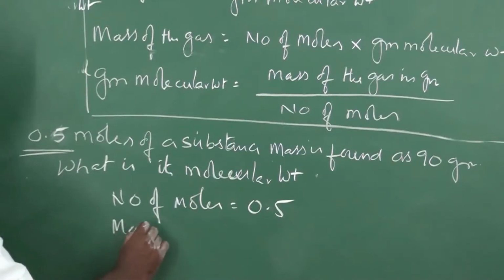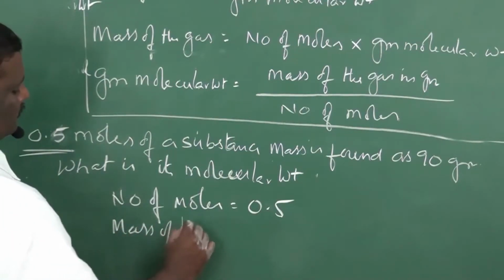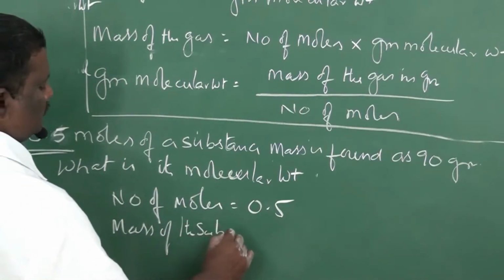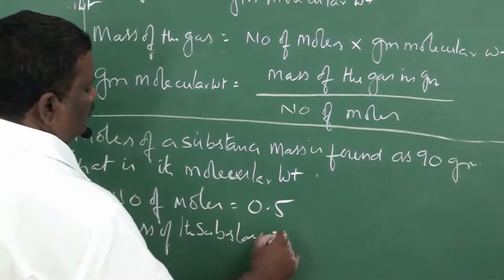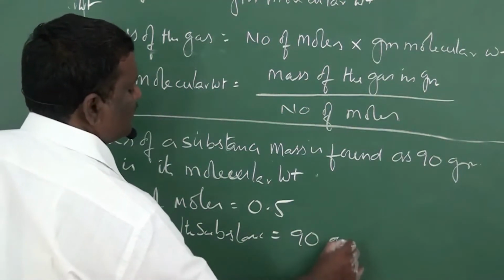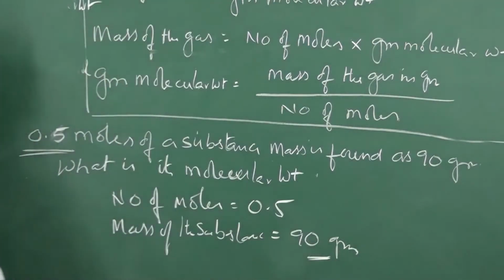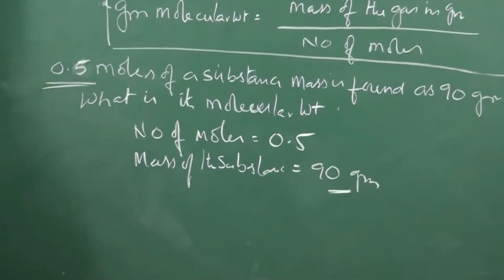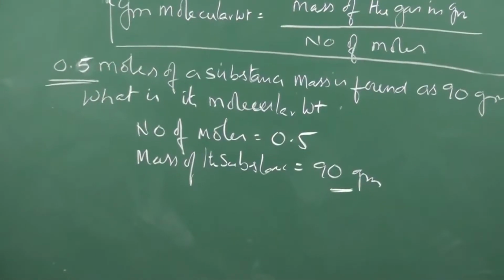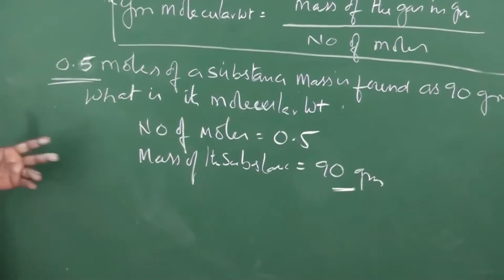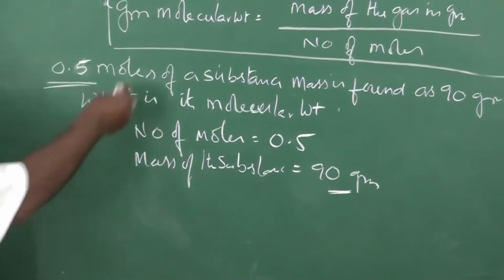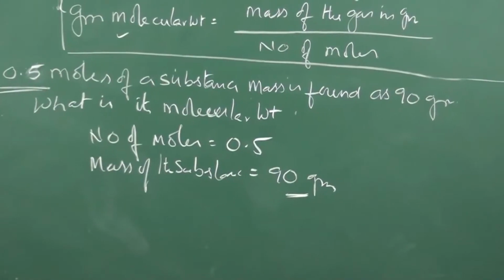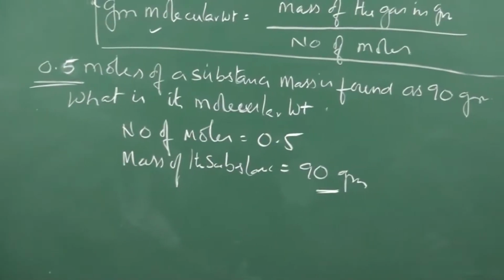Mass of the substance is equal to 90 grams. Here you must be very careful regarding the unit, whether it is grams or milligrams or kilograms. So here it is grams, so you need not worry about it. So mass was given in grams and number of moles were also given. Then this formula will be useful for us to calculate its molecular weight.